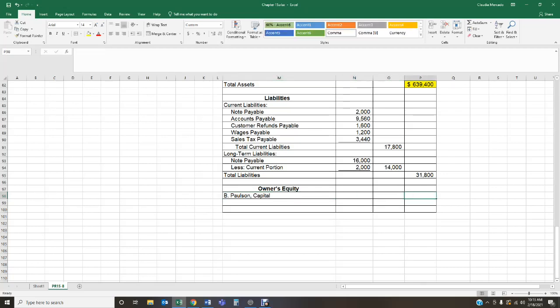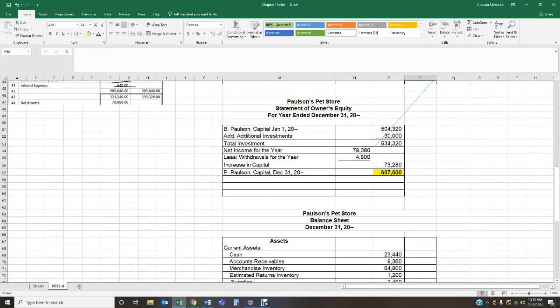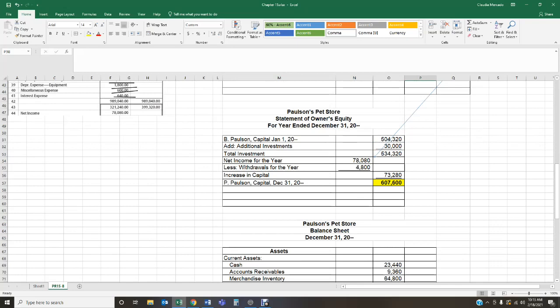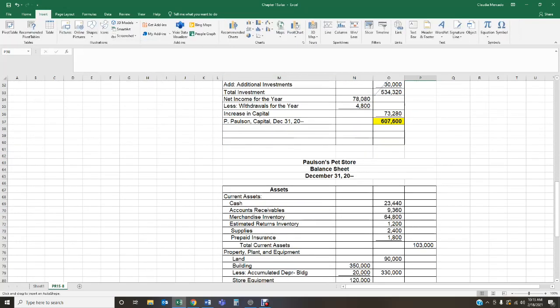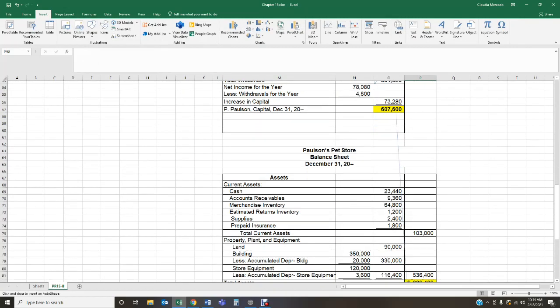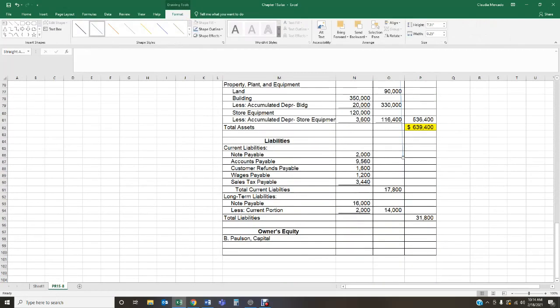Now, where am I going to get my capital balance from? You're going to get your capital balance from your statement of owner's equity. Okay? So that number, that 607,600, is going to go all the way down here.